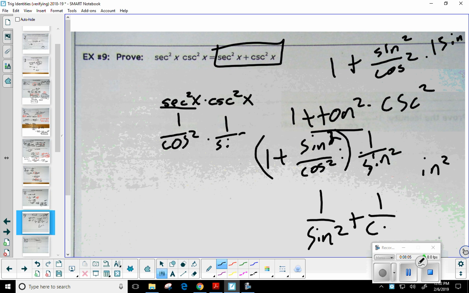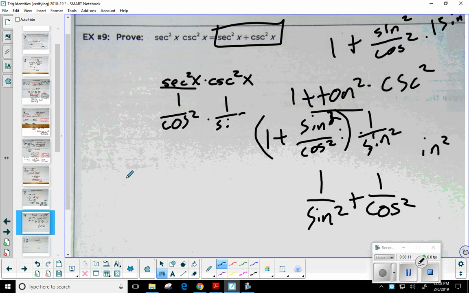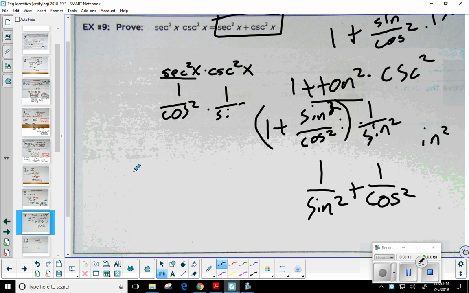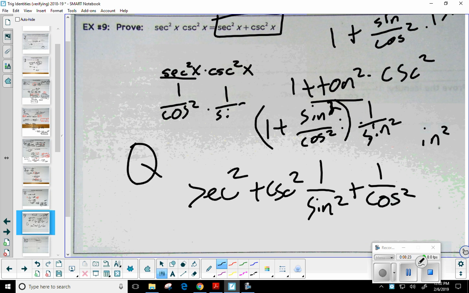And what is 1 over sine squared? Secant squared plus cosecant squared. There you go. And that is QED.